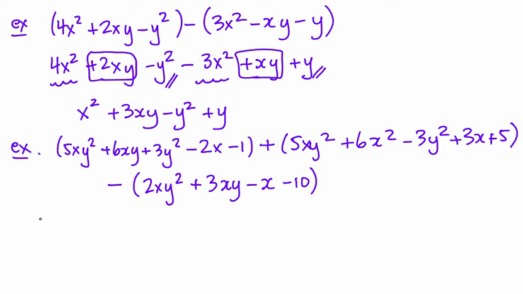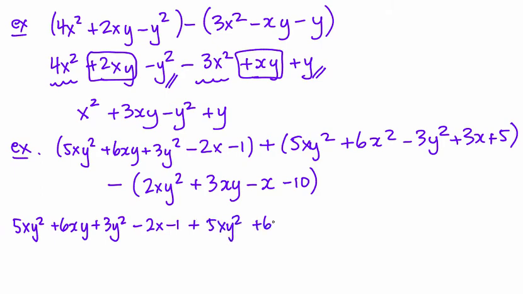And clearing out the brackets, it's going to take quite a bit of room to do this, but clearing out the brackets will give me this for my first term, and 5xy squared plus 6x squared minus 3y squared plus 3x plus 5 for my second term.